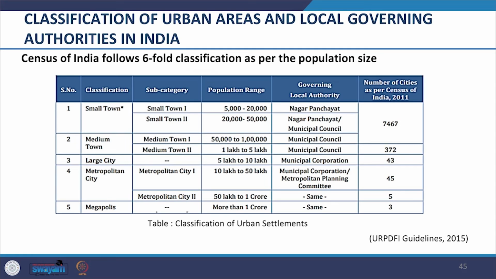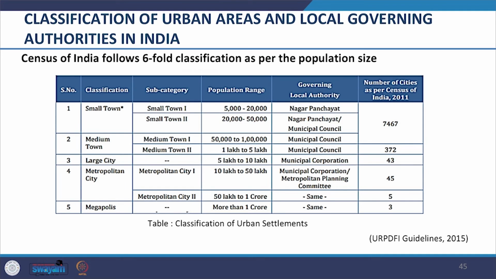We also see medium town. They are further subcategorized into medium town 1 and medium town 2. So we see 50,000 to 1 lakh population here, they are classified as medium town 1, and usually they have a municipal council. Medium town 2, which is 1 lakh to 5 lakh population, also has a municipal council.